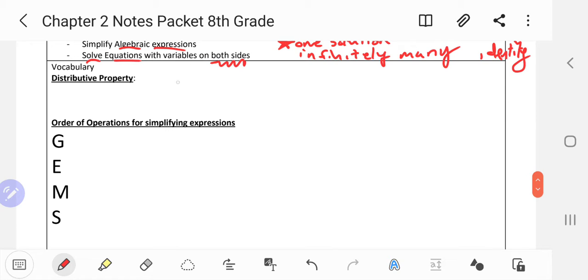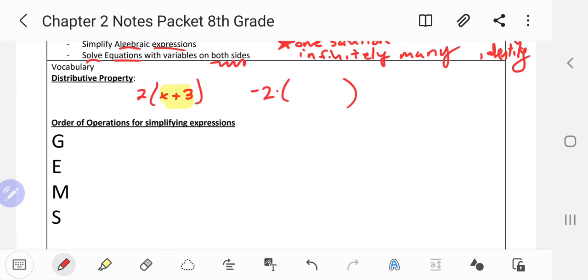Okay, distributive property, as a quick reminder, we have multiplication over a sum. Remember, a sum is addition, so we would call this a sum because it's adding two things. Or we could have distributive property, right?